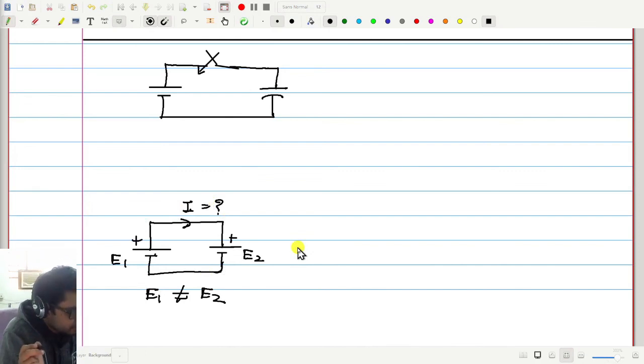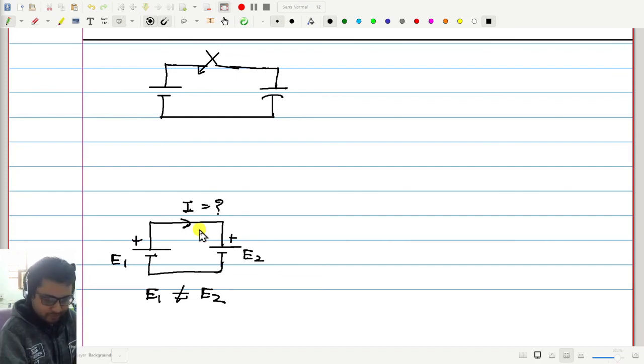Theoretically it does not exist, but practically there will be some source resistance, so some current will flow. Yes, practically there will be some small resistance, and we will say a very large amount of current flows. But in the ideal model, we can't even write the KVL equation, or we can write it, but then we will say, oh, this is not a problem which has a solution.